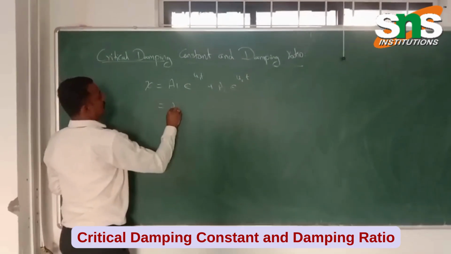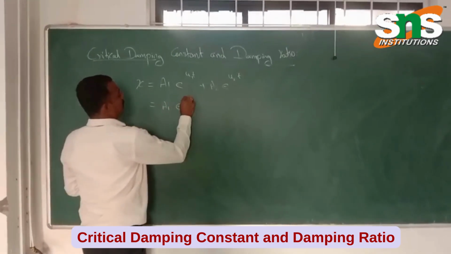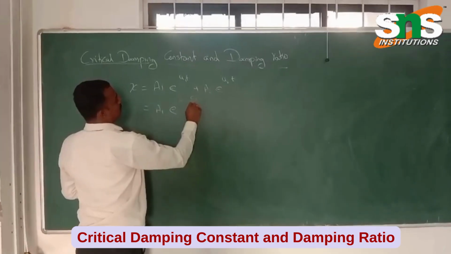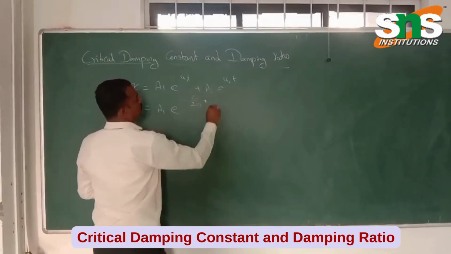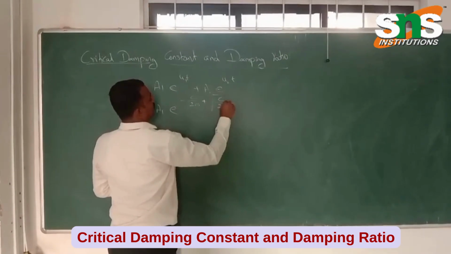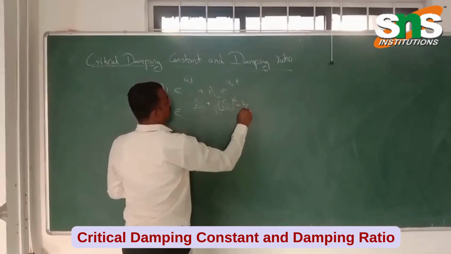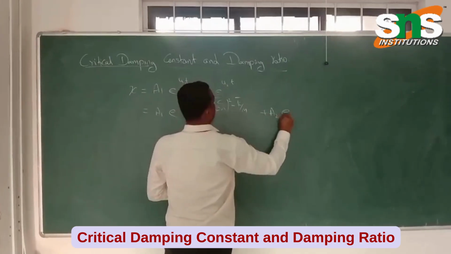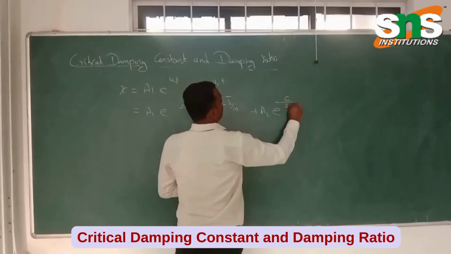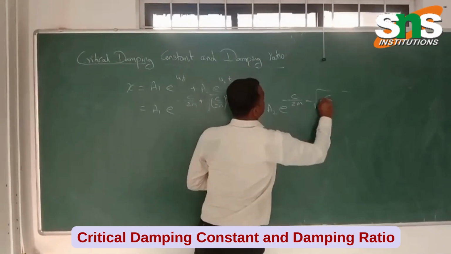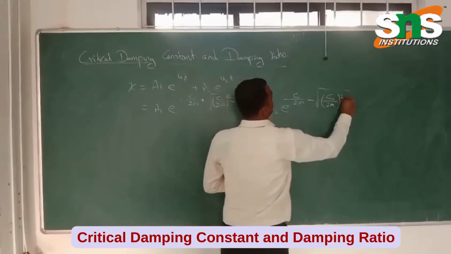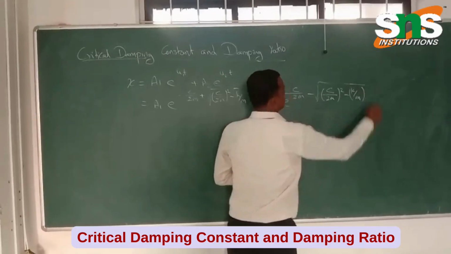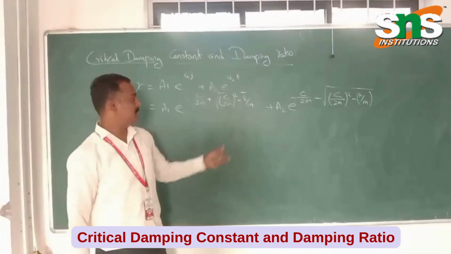So this will be a1 e power of minus c by 2m plus root of (c by 2m) the whole square minus k by m, and plus a2 e power of minus c by 2m minus root of (c by 2m) the whole square minus k by m. So this is what we have derived in the last class.